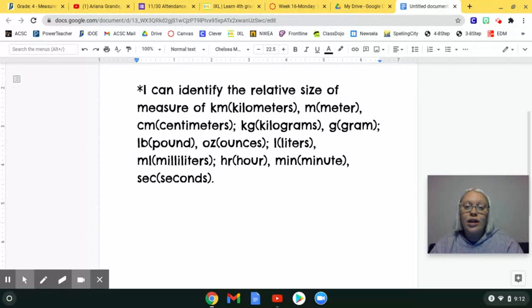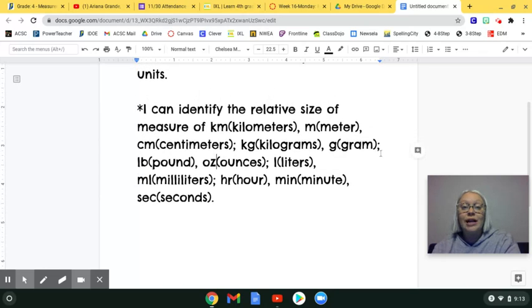So I can identify the relative size of measure of km, which stands for kilometers, m, which stands for meter or meters, cm, which stands for centimeters, kg, which is kilograms, g, which stands for gram or grams, lb, which stands for pound, oz, which stands for ounces, L, which stands for liters, ml, which stands for milliliters, an hour, which is represented with HR, min, which represents minute or minutes, and sec for seconds. So you're going to repeat after me.